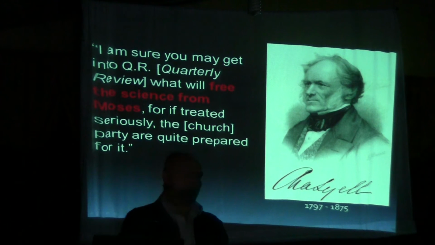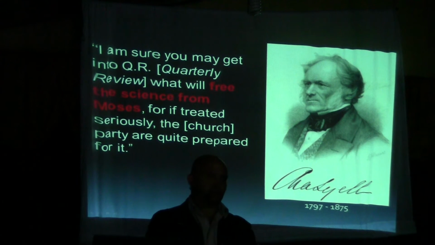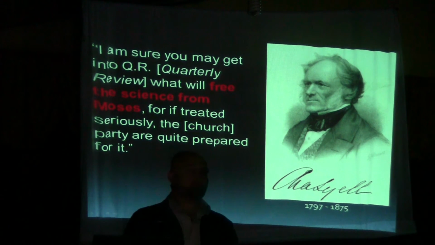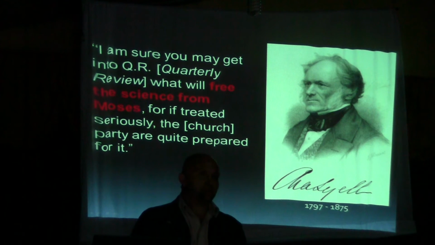Let me show you the hidden agenda or the bias of these guys who doubted the Bible. On the eve of publishing his Principles of Geology, he wrote in a letter to a friend, he said, I'm sure you may get into the Quarterly Review what will free the science from Moses. You get that? Okay. Who wrote Genesis?